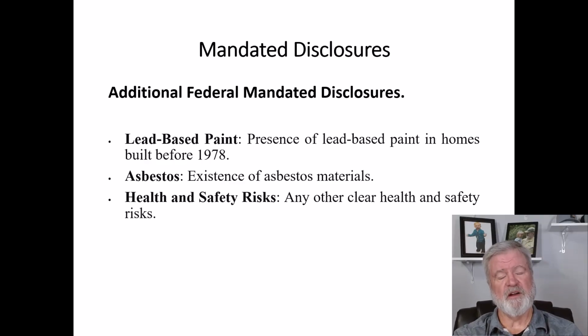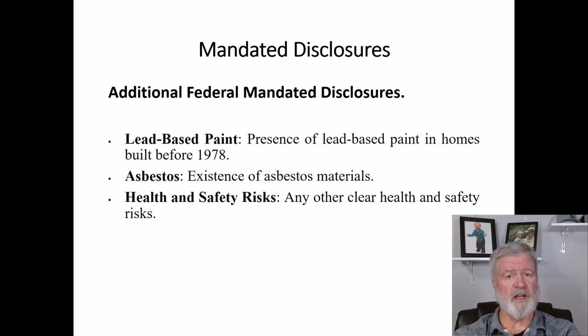But y'all, deep down underneath there, there could be some lead-based paint. There has to be disclosures made about this. We'll talk about that more when we get to it. But I will tell you that date, 1978, you better remember that date.